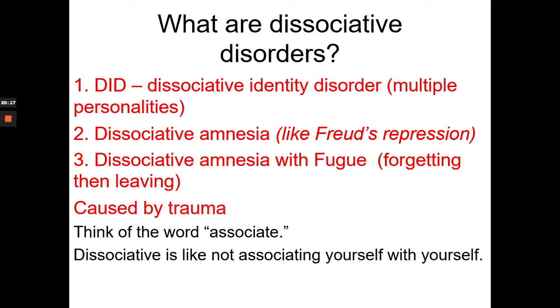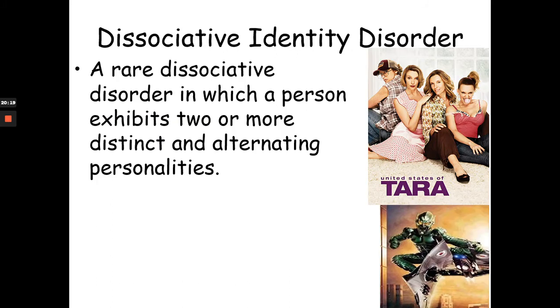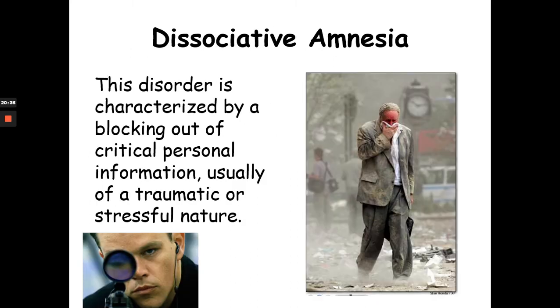Okay? So DID is what it's called, dissociative identity disorder, multiple personalities, DID. The stuff of soap operas, we've all seen certain shows where people have multiple personalities. It's called DID. Okay? Dissociative amnesia is when you forget the trauma.